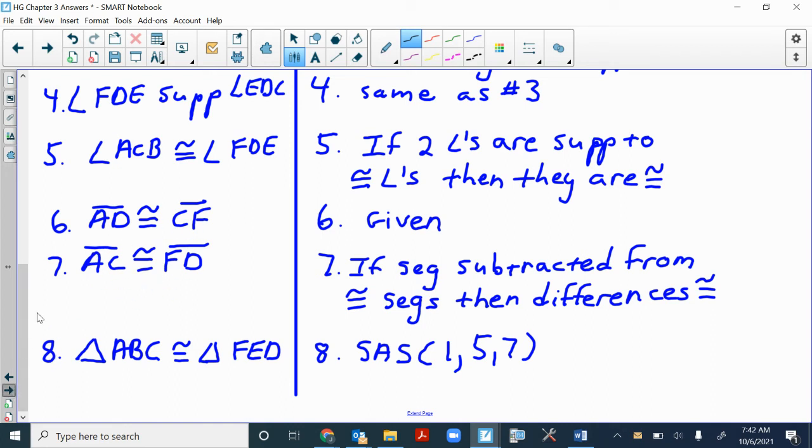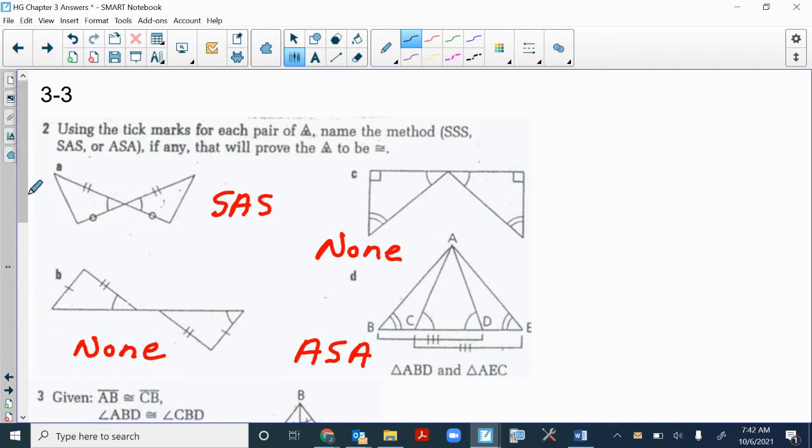All right. So now, if we look at page 3, this will help us with our 3 triangle congruency reasons. The 3 are side, side, side, side angle side, and angle, side, angle. Those will prove that 2 triangles are congruent.